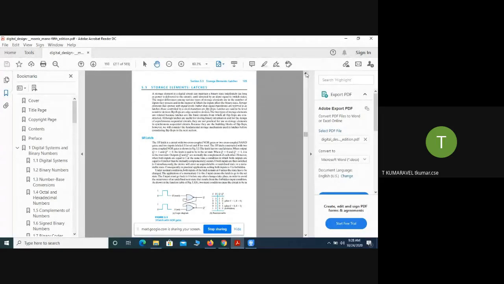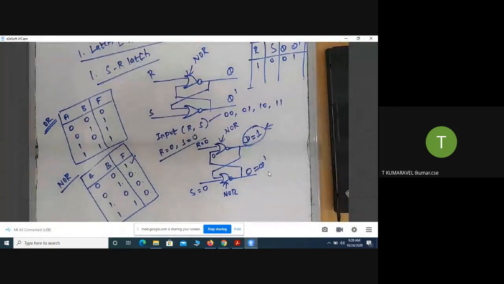Everything in your understanding is fine, but we should provide the input combinations in a different order. First input combination is okay. Next, we are providing the input R equal to 0 and S equal to 0.